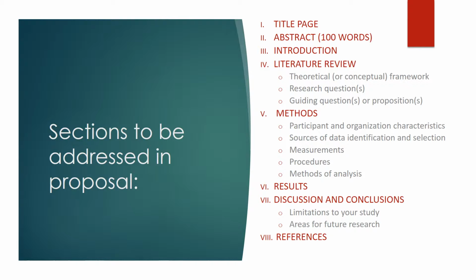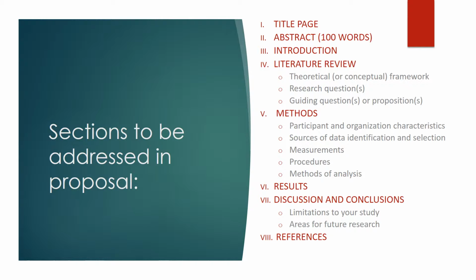So first off, you will discuss the participant and organization characteristics, the sources of data, identification and selection, measurements, procedures, and methods of analysis. The next section, results, you will write up the results as if your guiding questions or propositions are positive.